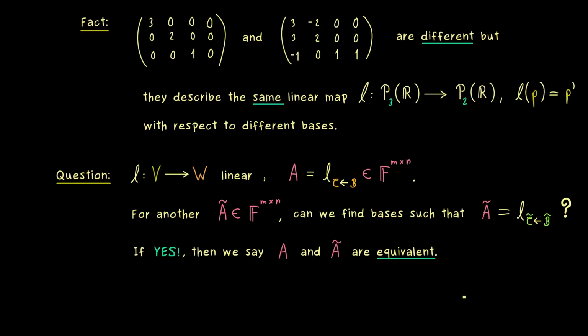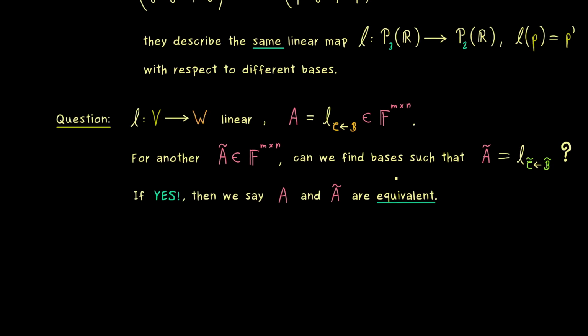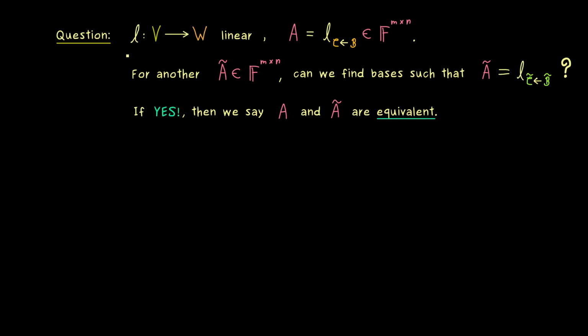And if we think a little bit about this requirement here, then we see that we can also remove L from this question. And the best way to see that is to look at the picture of the change of basis.